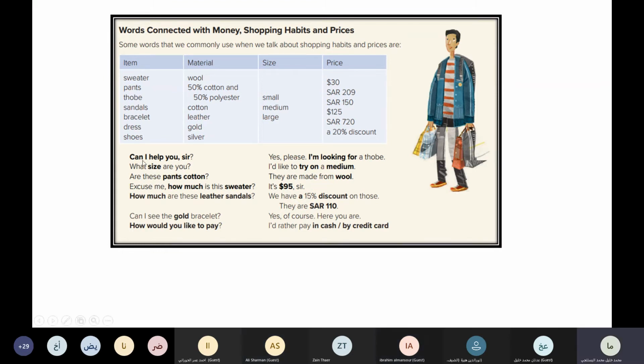So you realize these words in our conversation. Look here at the words which are related to the items, material, size. Here we have three sizes: small, medium, large, etc. And the prices.